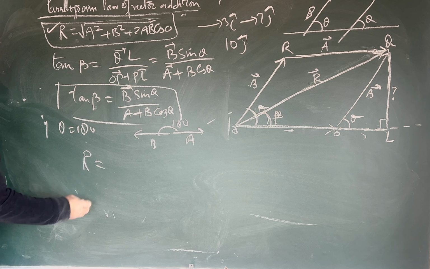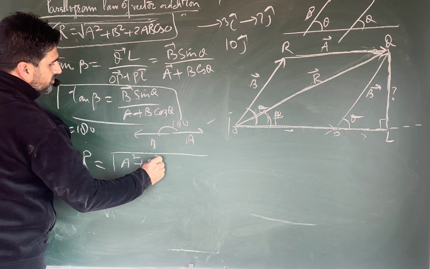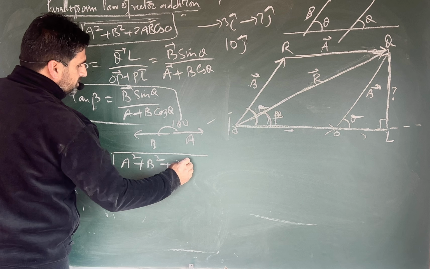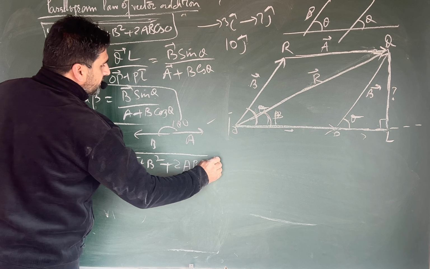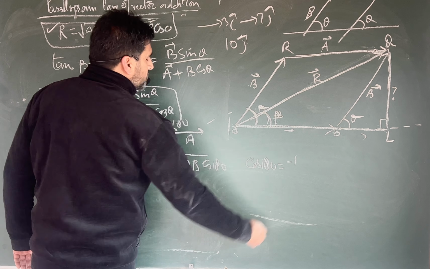R will be equal to under root of A square plus B square plus 2AB cos 180, and cos 180 is always minus 1, you know it.